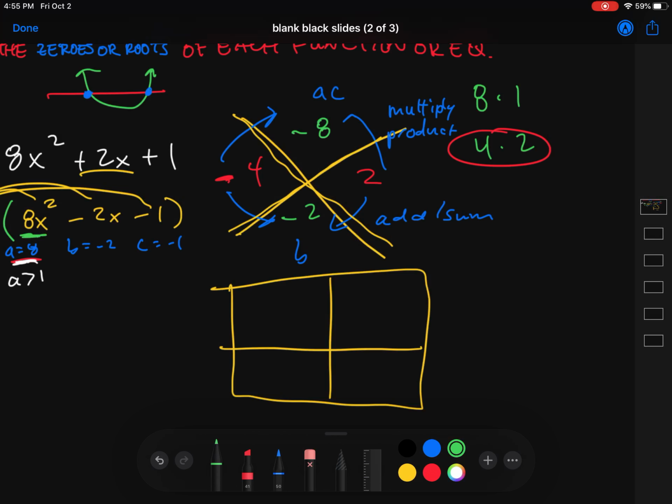You take the a value and put it up here. The c value always goes in the bottom right. And then we're taking these two numbers from our x puzzle, which is really this term here. So it's -4x and positive 2x, because if you add those two numbers together, you will get -2x.